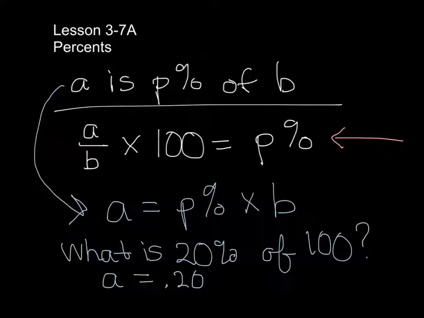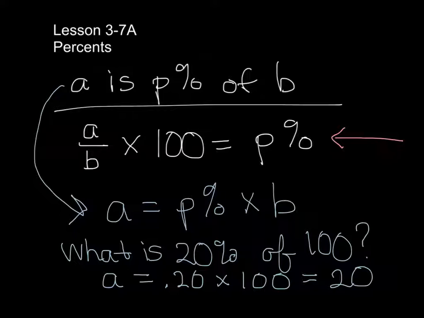And then of is a multiplication symbol, 100. So when we ask what is 20% of 100, we're really being asked to solve the bottom equation here. A is equal to 0.2 times 100. So 0.2 times 100 turns out to be 20. So 20 is 20% of 100.